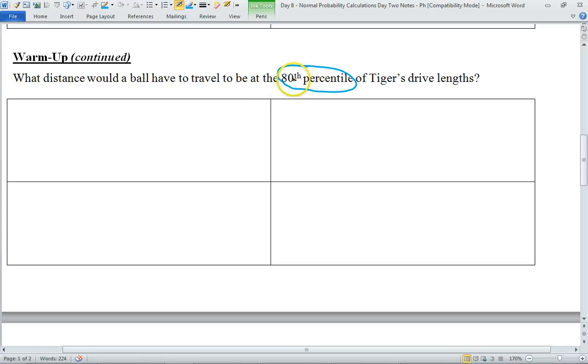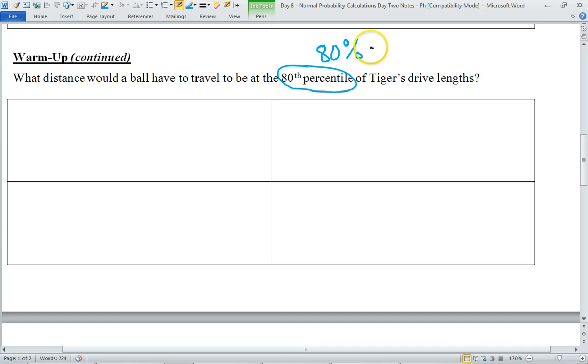Okay, when you're given the percent like this, 80th percentile, that means we're talking about 80%. What you need to do is go straight to the z-chart. Okay? 80%.